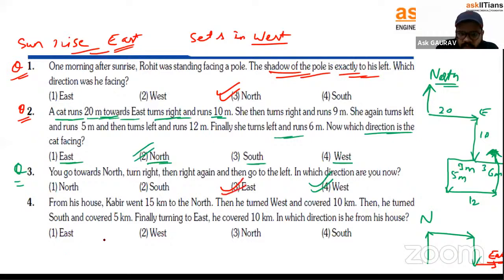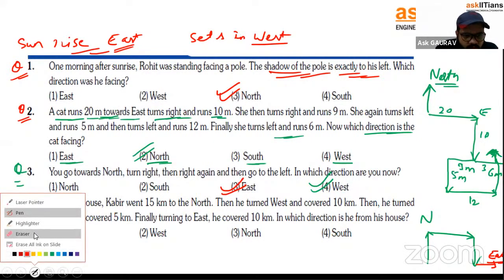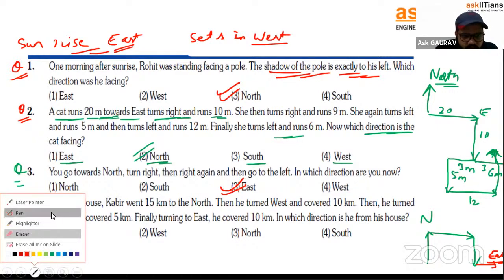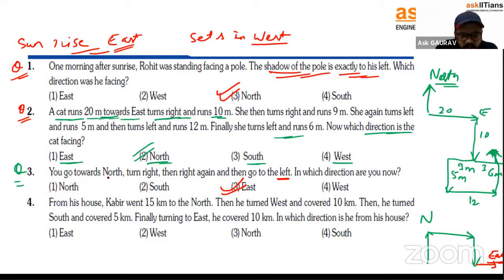Third option, not fourth, because he is moving to left. Towards north, then right, right, left. You will reach here, east. That's it. Okay. Do question number 4.